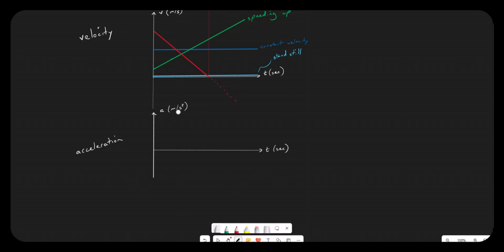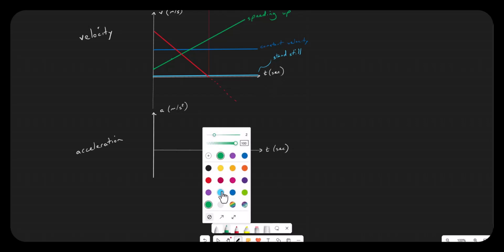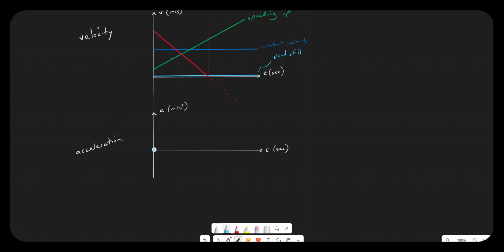And you recognize again, the units are what we had before, meters per second divided by seconds. So these are slopes again. First, the light blue line where I was standing still. It was a boring graph before, it's going to keep being a boring graph.